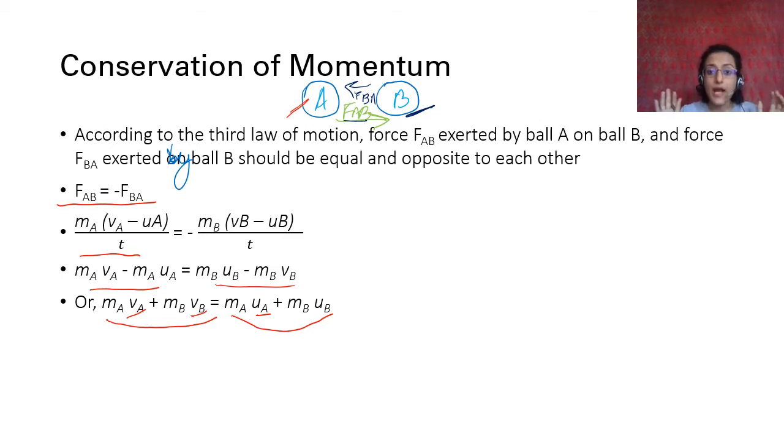The sum of the initial momentum of A and B remains the same even after collision. The values change, right? Because the velocity is going to change. Mass remains the same, but the velocities of both of them are going to change.